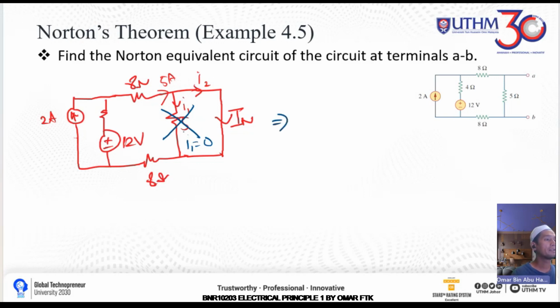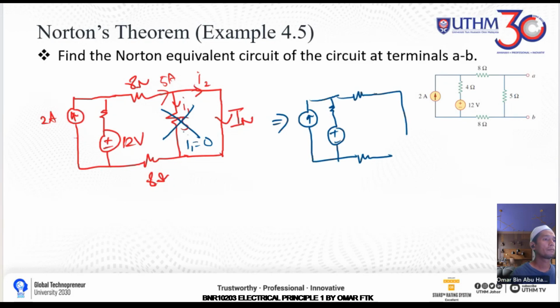Then you can redraw the circuit again. You will have it like this. This one is 8 ohm, this one 4 ohm, this one 8 ohm, and this one is the 2 ampere source, and then the 12 volt source.